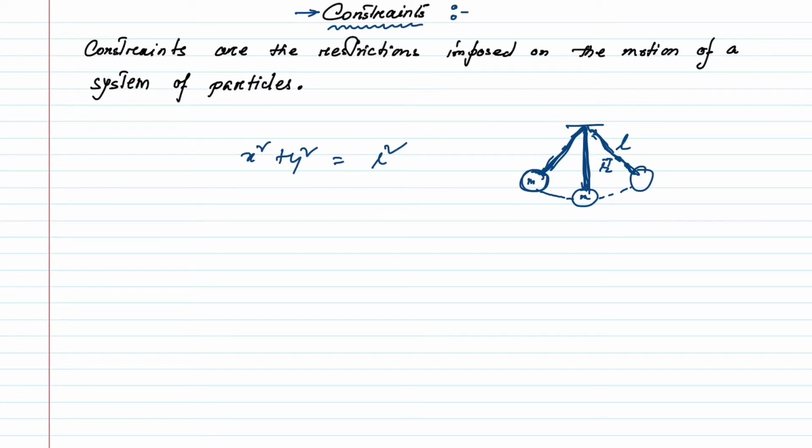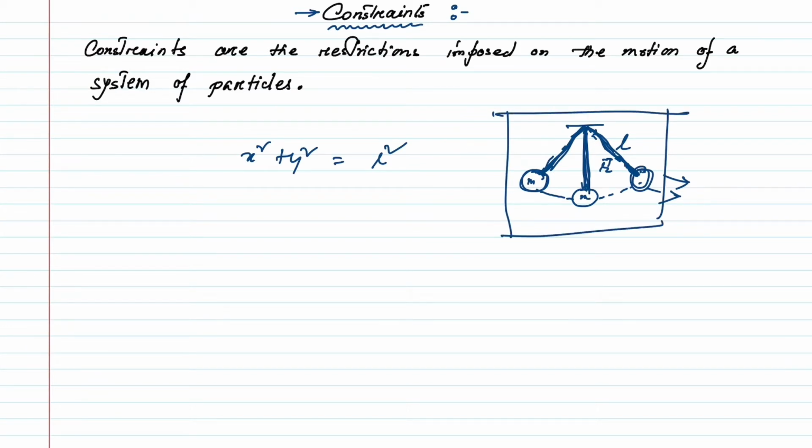Because the mass of this pendulum cannot go beyond this, since it is attached to the string and the length of the string is L, so it cannot leave this system.